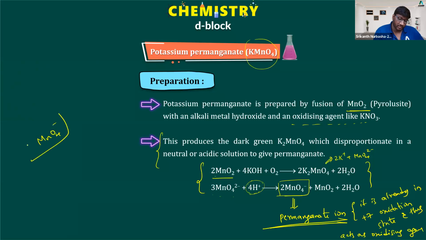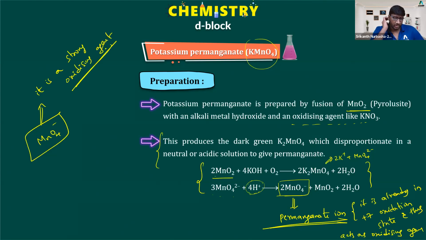MnO4- is a strong oxidizing agent. Strong oxidizing agent. Right? Is that clear, Suman? Yes, sir. Yes.